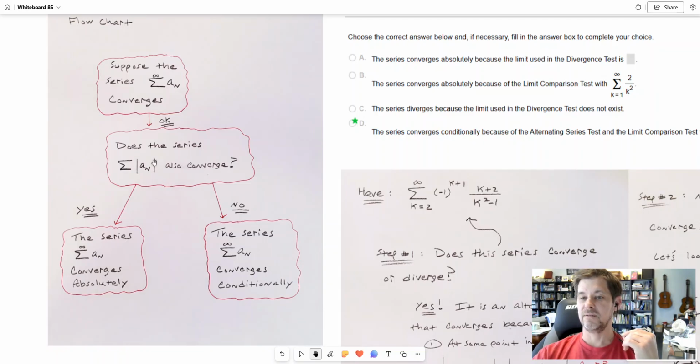If I put an absolute value on that, all it does is make all the terms positive. So if this original series has some negative terms, this corrects all that to be positive terms. Doesn't change the numbers, just makes all the terms positive. So does this series also converge? If that's yes, then we say the original series converges absolutely. If the answer to this question is no, then we say the original series converges conditionally. Okay, so that's how we make our decision.